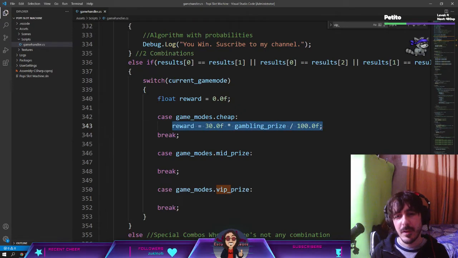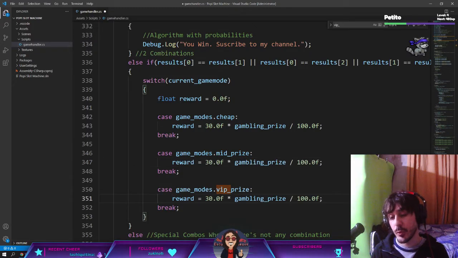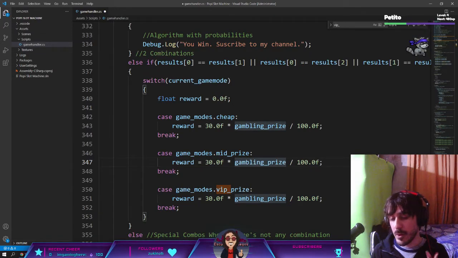Now I have to copy, because in the three cases, no matter how much they gamble, I have to do this calculation, but the gambling price will be variable, because if they gamble on the VIP mode, they will gamble more.